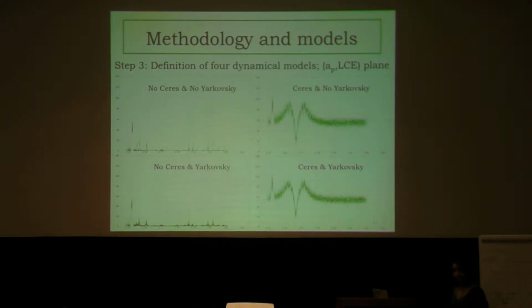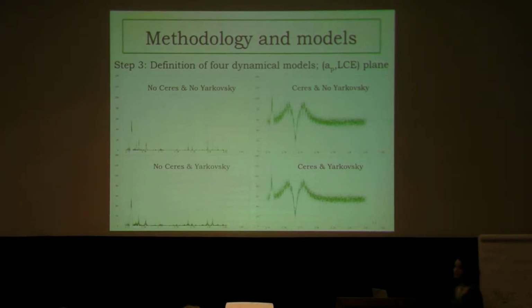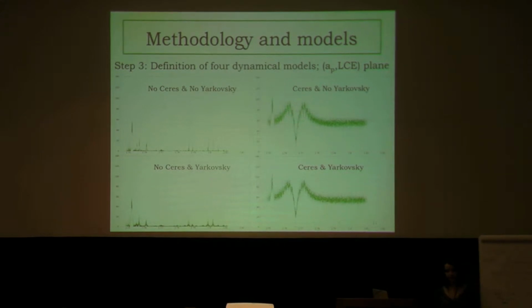So, in order to first identify and isolate the mechanism or mechanisms responsible for the shape, we start with a base case with the main perturbers, plus a barycentric correction for the effect of the inner planets.